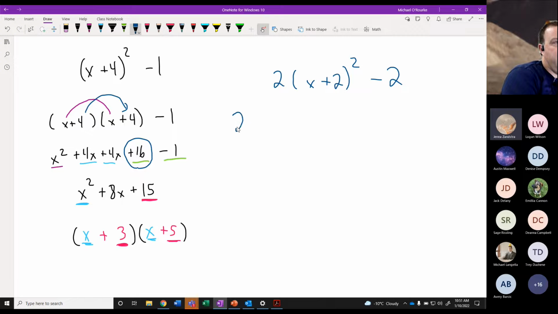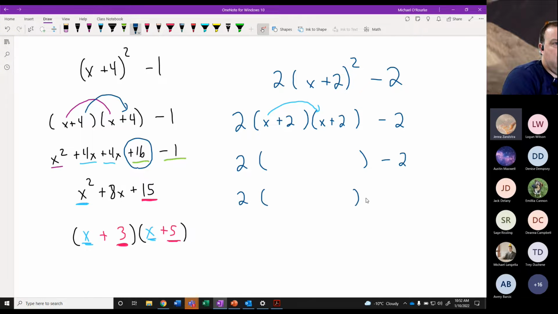So Brooke, if we're doing this, we're to expand this part out, and then tell me when you get to the next line. Okay, Brooke? Tell me when you're at this line.